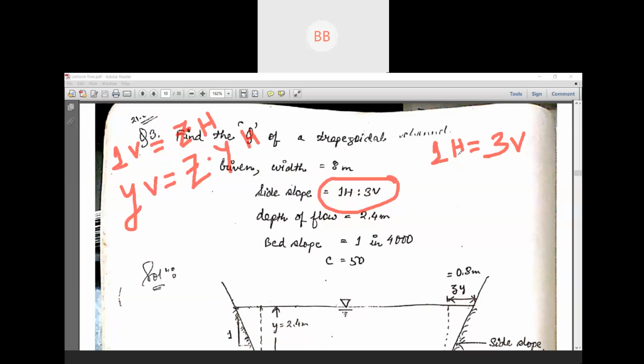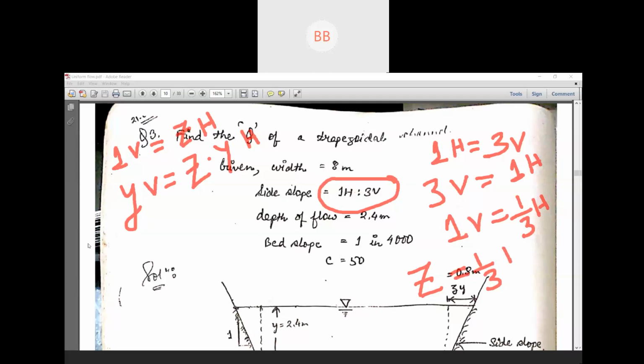So definitely we can also write in a reverse way. Three vertical is equal to one horizontal, so one vertical is equal to 1 by 3 horizontal. So we get this. One vertical equal to Z horizontal, so in our case, our Z is equal to 1 by 3.